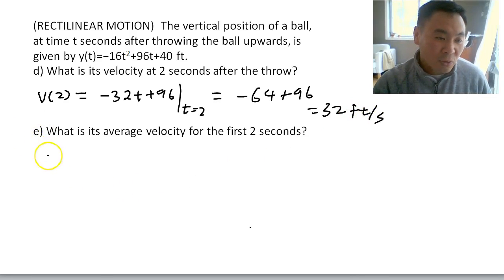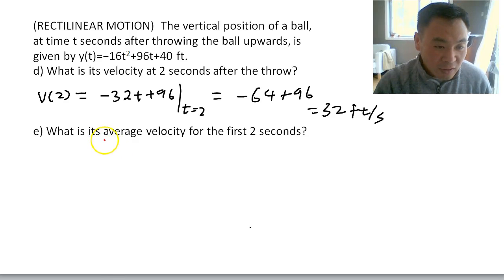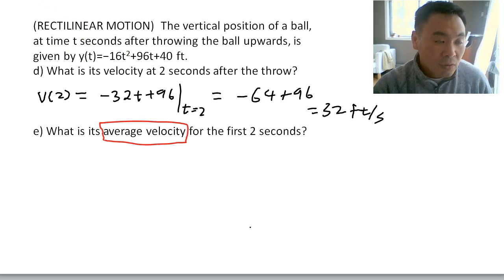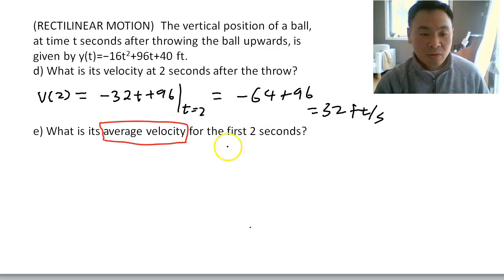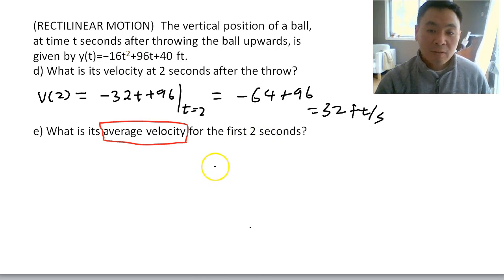And E is actually the most important question, I think, because it's the one that's the most misunderstood. The misunderstood thing here is the average velocity. What is this average velocity? Students seem to misunderstand average velocity as taking the velocity at time t equals 0 and the velocity at time t equals 2 and taking the average. Sometimes they even get the correct answer, but it's only true for certain cases.